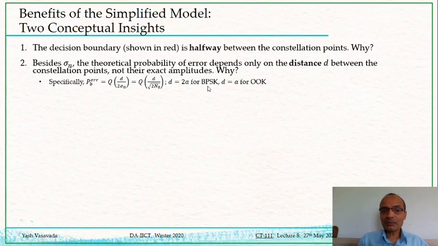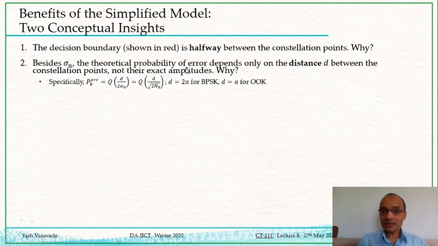Now d for BPSK, the distance between two constellation points, was 2 times A. For OOK, d is equal to A. And so, although on the previous slide the theoretical expression was for BPSK, now we can very quickly write a similar expression for OOK. The only thing we will have to do is substitute d equal to A in this equation.